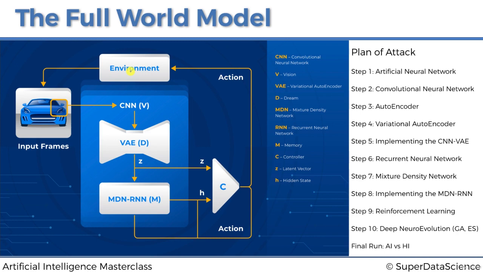Basically, the faster the car goes and the further it gets along the road, the higher will be the score, and therefore the higher will be the cumulative reward along one episode. And that reward is important because that's exactly what we need to optimize and maximize thanks to the deep neuroevolution strategies in step 10. So we will basically implement in that pseudocode everything to be ready for step 10, and also, of course, to put what you've learned about reinforcement learning into practice.